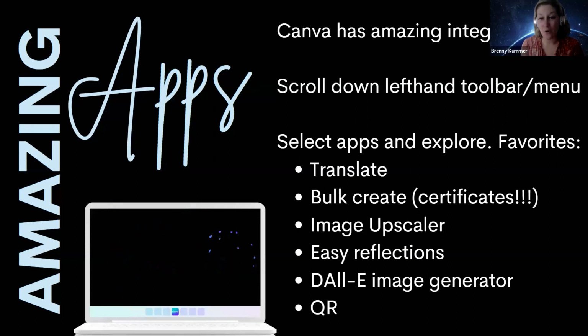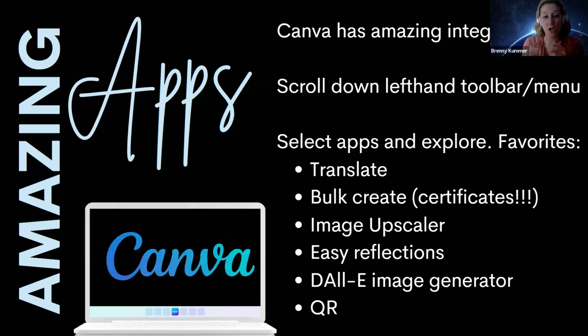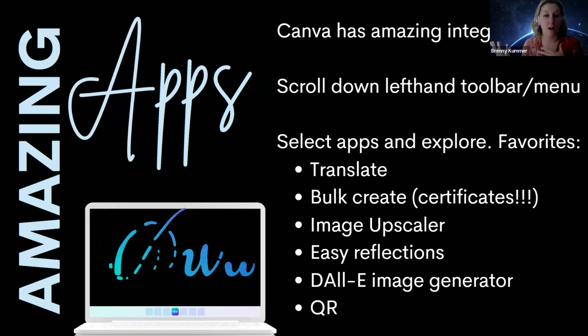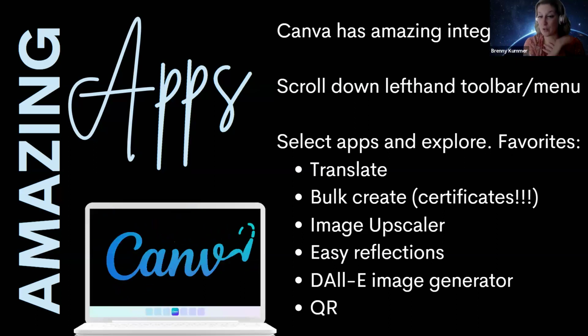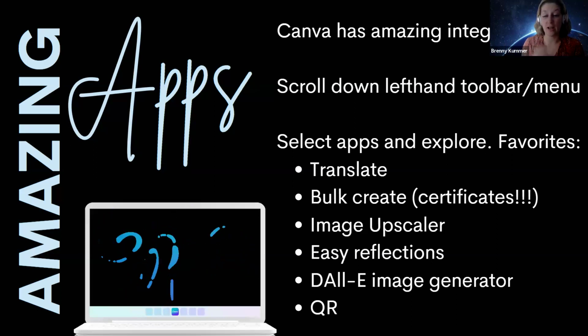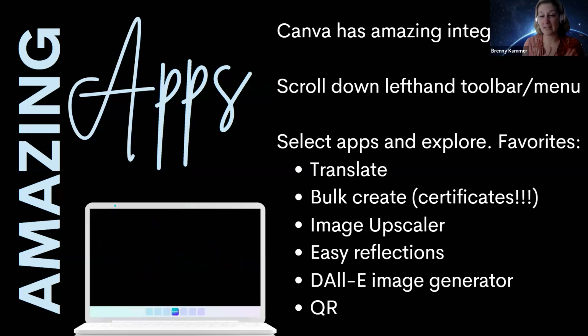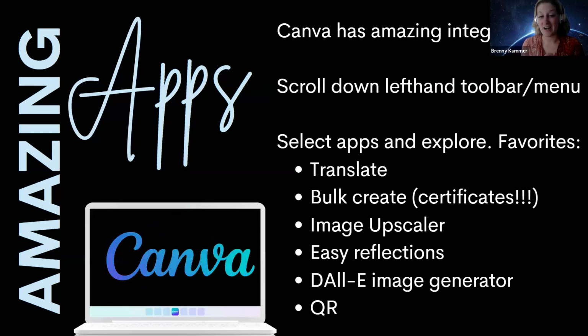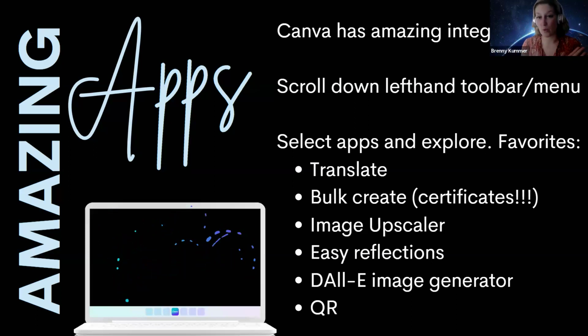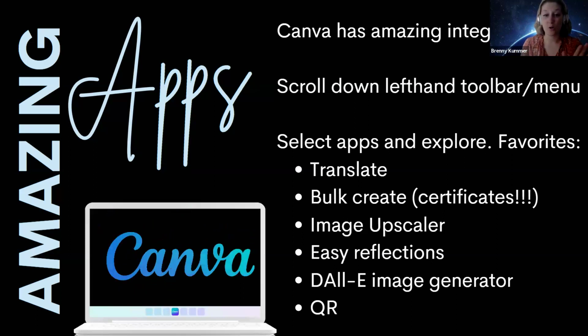Canva has its own AI image generator, but DALL-E is probably the best one out there that you can plug into your Canva account. You can make QR codes easily on here. Image Upscaler takes a picture that's low quality and pixelated and makes it clear. There are nice graphic design tools like reflections of words and word art. But I also love this Bulk Create one. You can easily bulk create certificates, PGPs, and awards for your students.